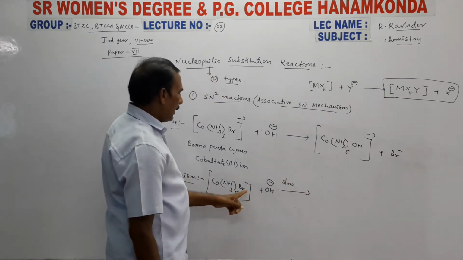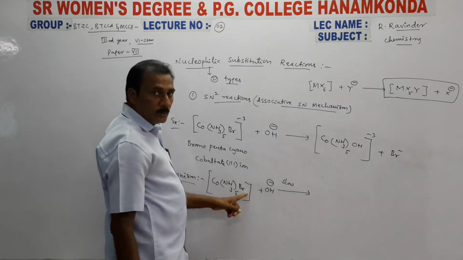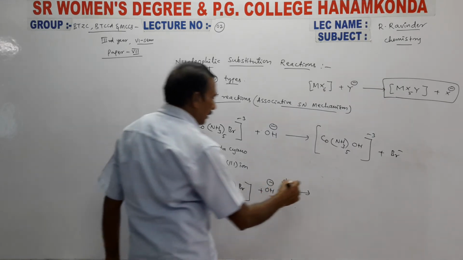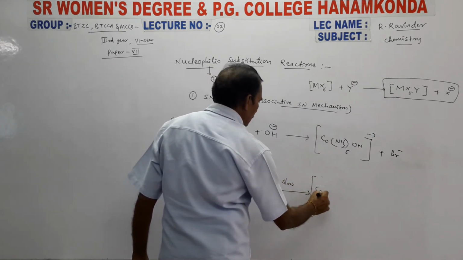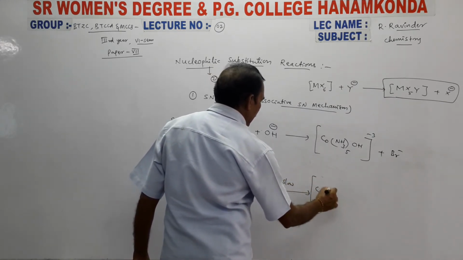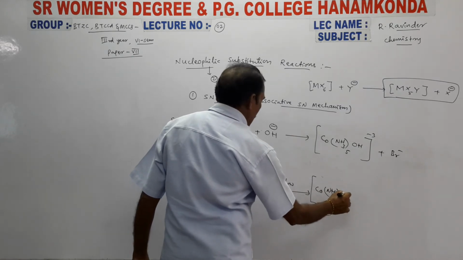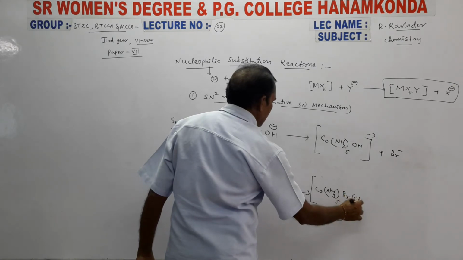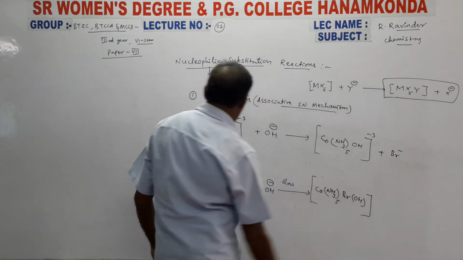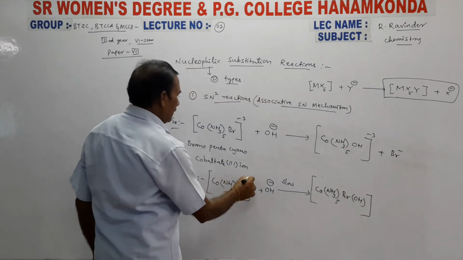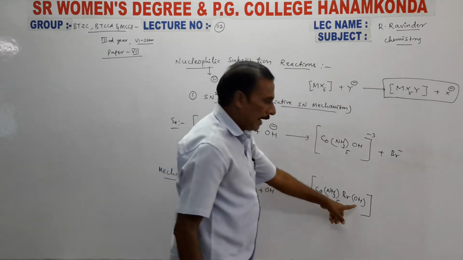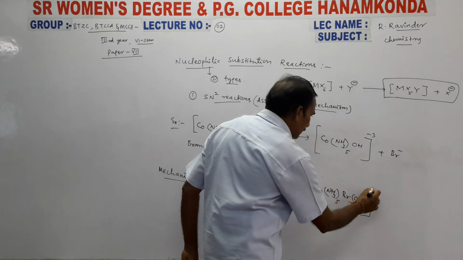The OH is added to the reactant molecule, entering the coordination sphere. Already bromine is there, and now OH minus is added, but the complex was in the minus 3 oxidation state. Next, another minus is added to this complex to form the minus 4.